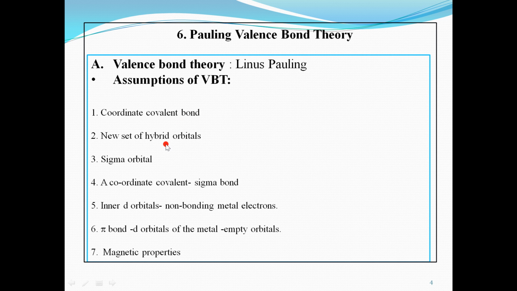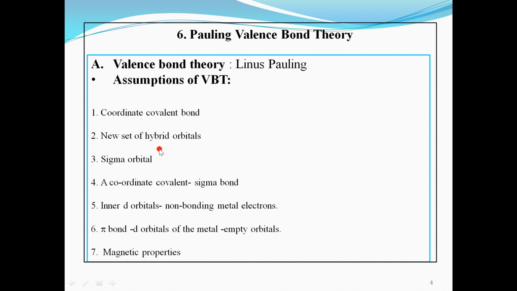For the formation of a strong bond between the metal and ligand, the overlap should be as effective as possible, and for that purpose the original atomic orbitals of the metal undergo hybridization and a new set of equivalent orbitals is formed in that hybridization process.